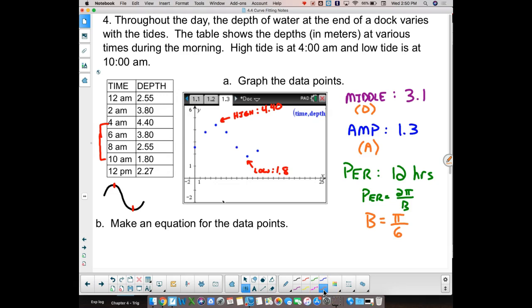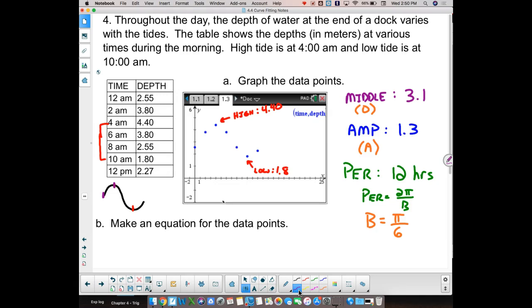If my period is 12 hours long, the distance from my high point here to my middle point there is how much?